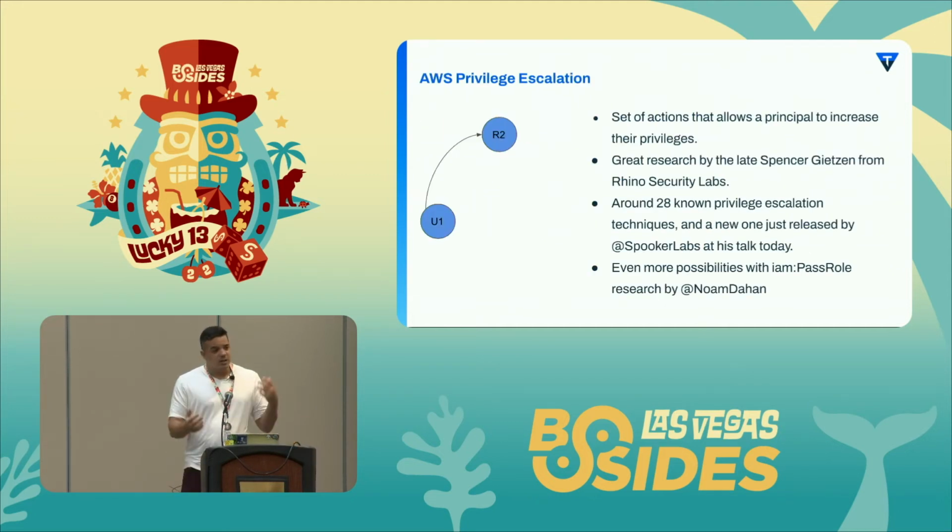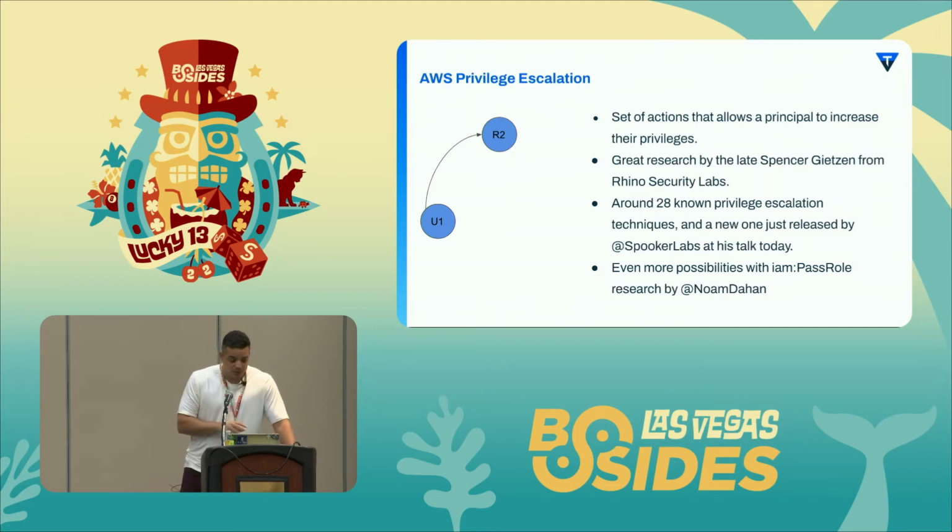So let's talk a little bit about privilege escalation. Privilege escalation is a set of actions that allows a principal to increase their privilege. For instance, you can imagine a user with really low privilege, but with enough actions to improve his capabilities.